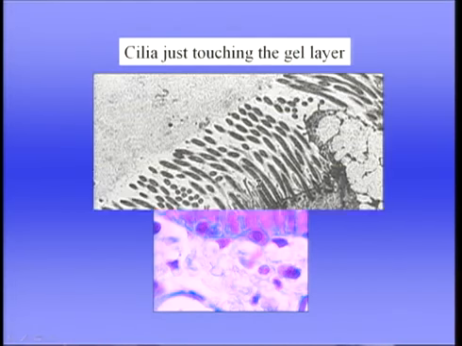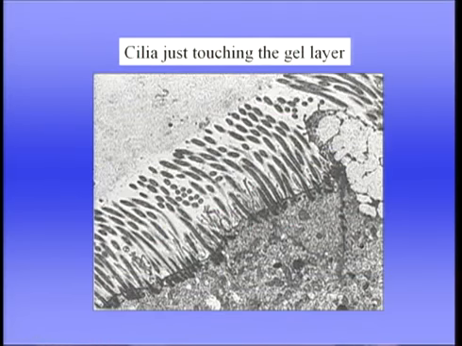Actually, a much better slide is shown here. Here's an electron micrograph, very pretty, and now you can see the airway epithelium here, and you can see the cilia here, because usually you don't cut a cilium all the way along its length. It would be very remarkable to do that. So you're cutting across them to some extent, but you can see the cilia here, and notice how they're just touching this upper layer, the gel layer here.